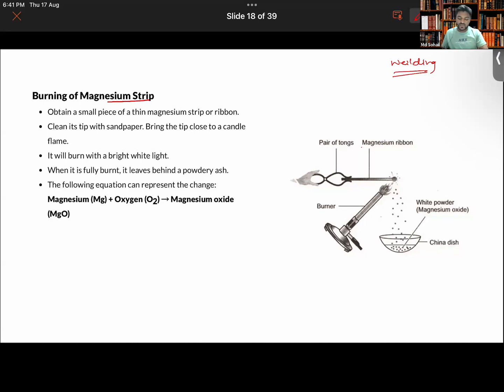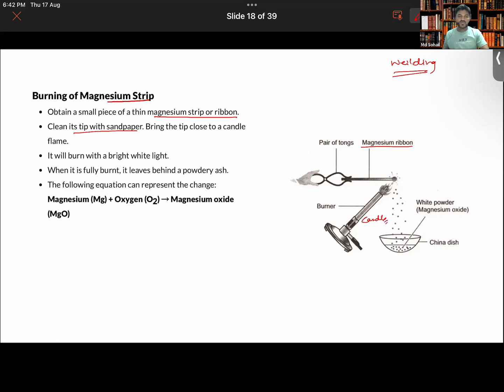So take this example here. This is your magnesium ribbon. You get a small piece of thin magnesium strip, or we can call it a magnesium ribbon. You will clean its tip with sandpaper. Now bring the tip close to a candle flame. Here you have brought it close to the candle flame.